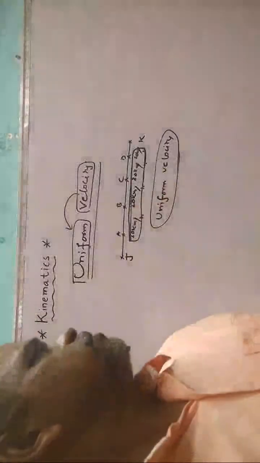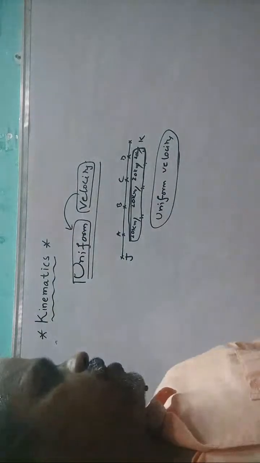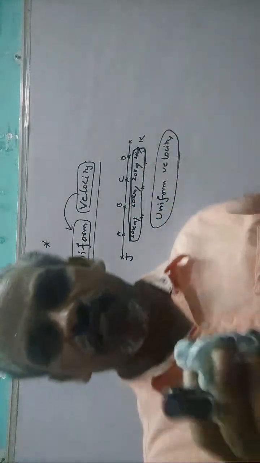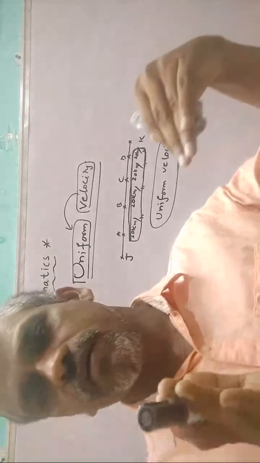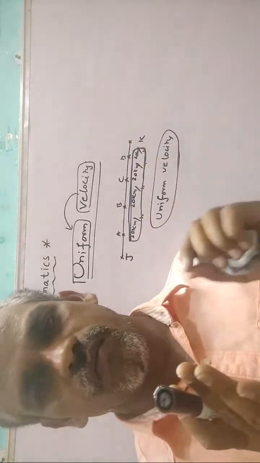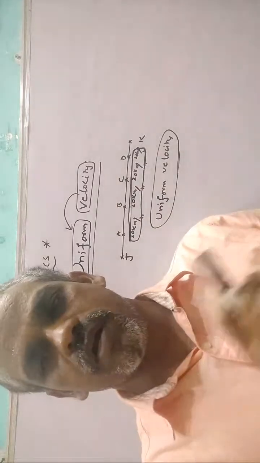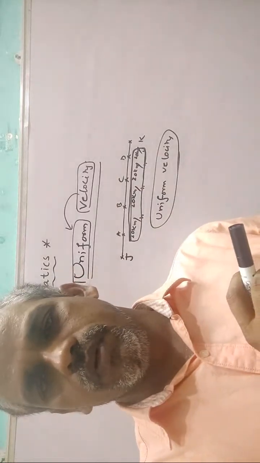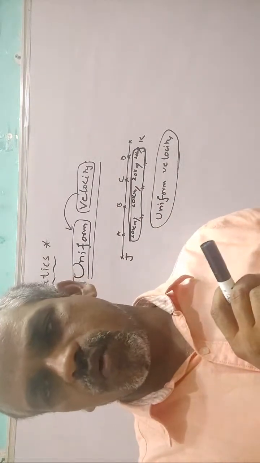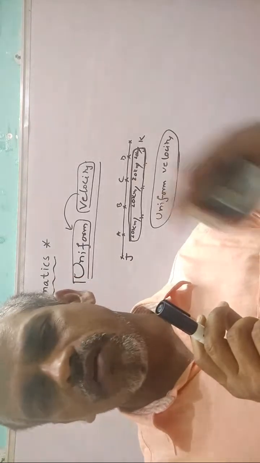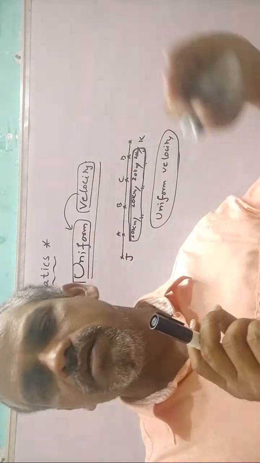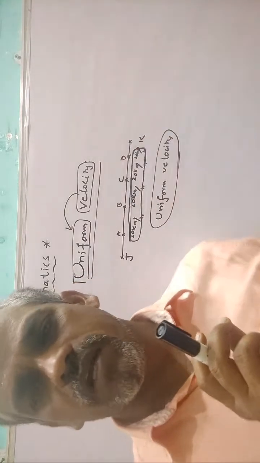Simple. What is the question here? What is uniform velocity? While a body is traveling throughout the journey, if you check at any particular point at a particular instant throughout the journey, if you get the same value, then the body is moving with uniform velocity.